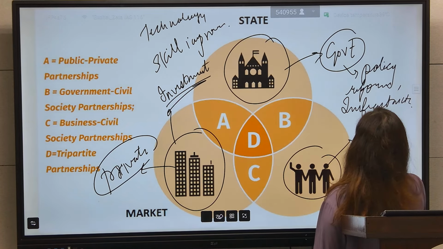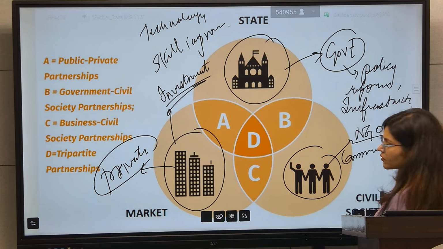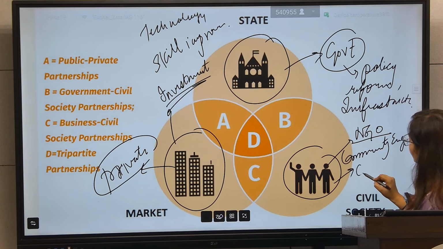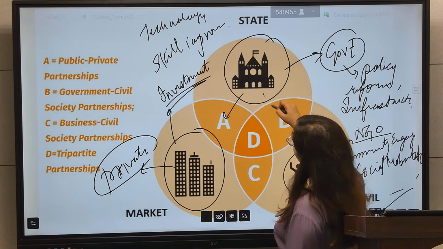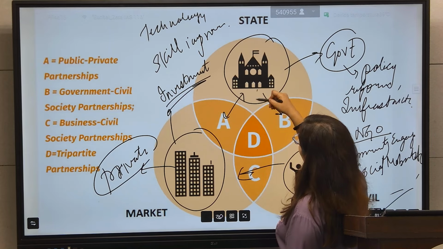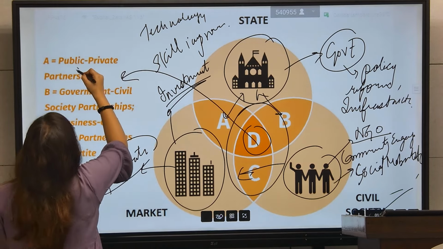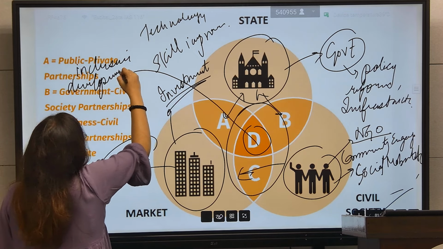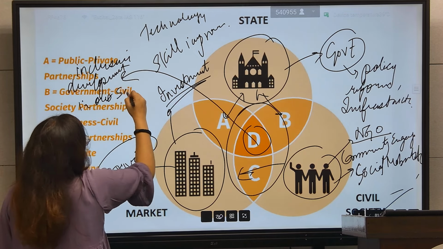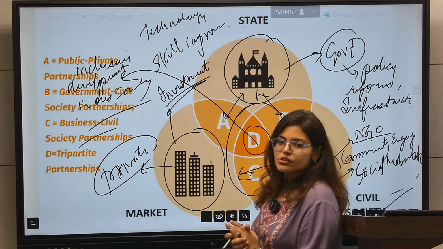And what is the NGO's strength? Community engagement, and then social mobility. So these are the strengths of these three institutions: NGO, government, and private sector. And this most productive collaboration increases inclusive development in our society. So in this way, you have to make a comprehensive diagram on this collaboration.